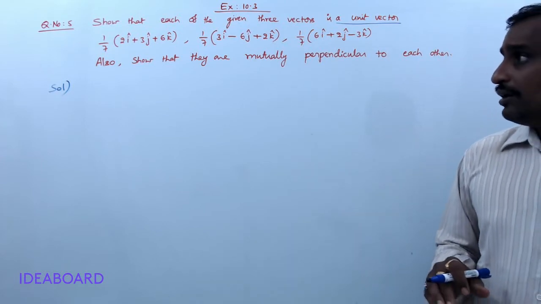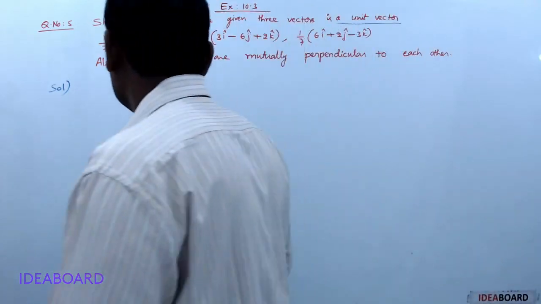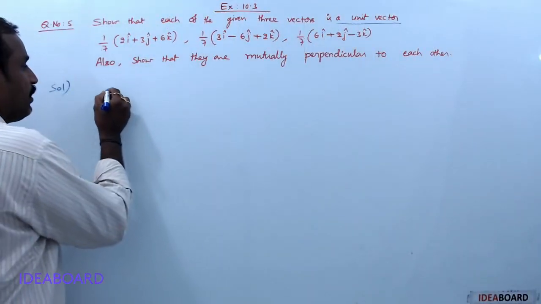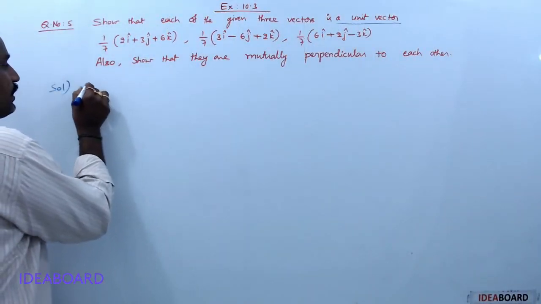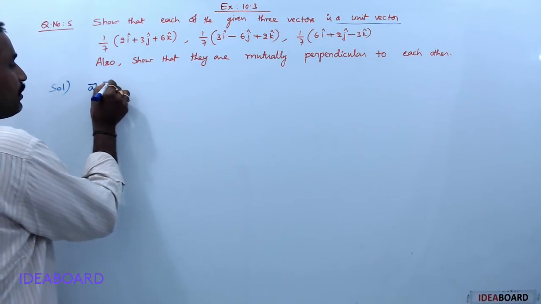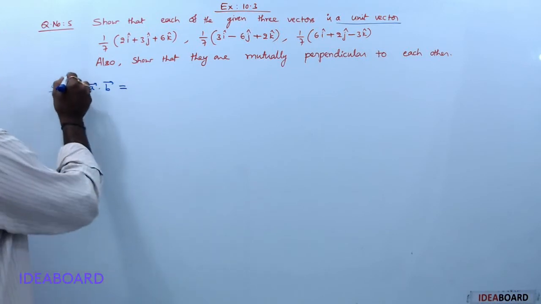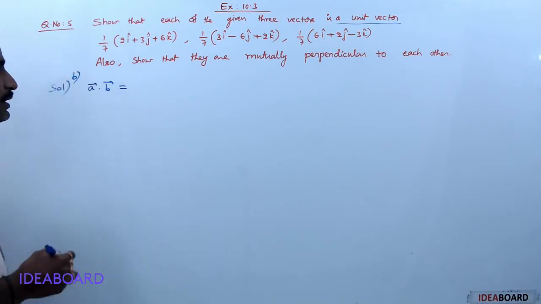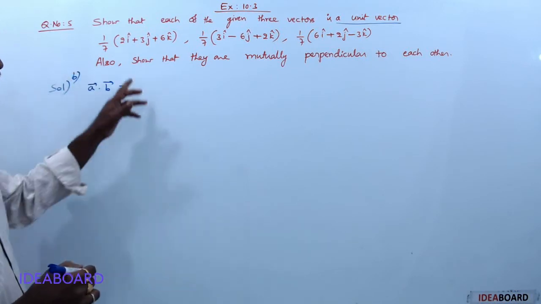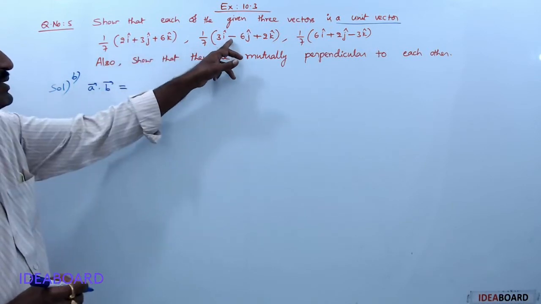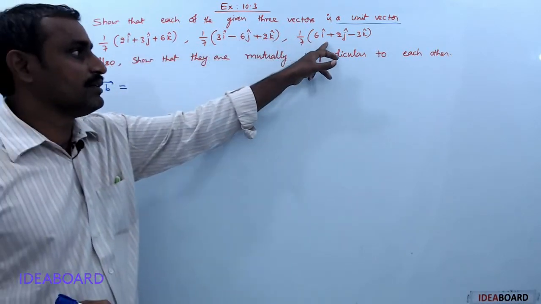So now we can find A bar dot B bar. First you can calculate the A bar dot B bar value. This is the second bit. A bar means the first vector, B bar is the second vector, C bar is the third vector.